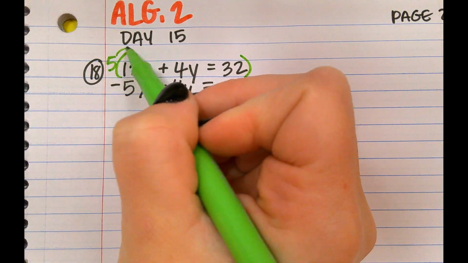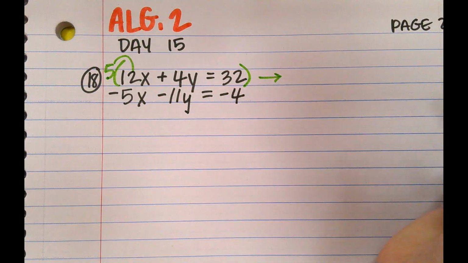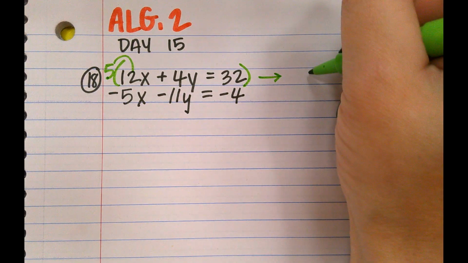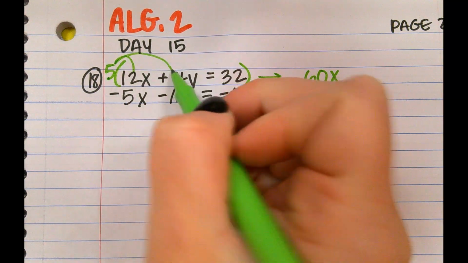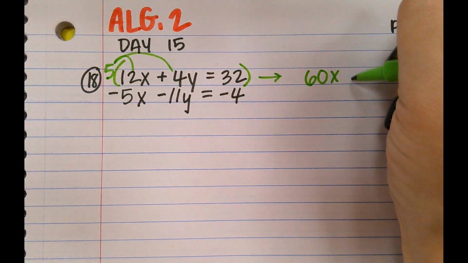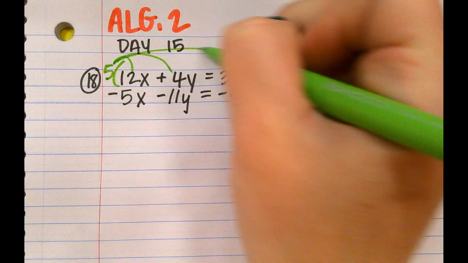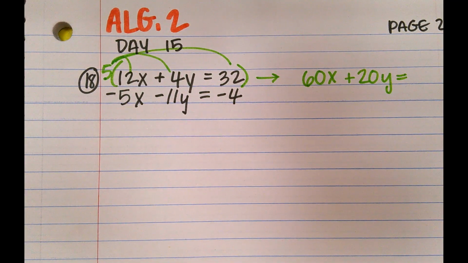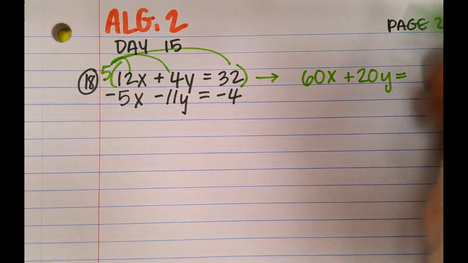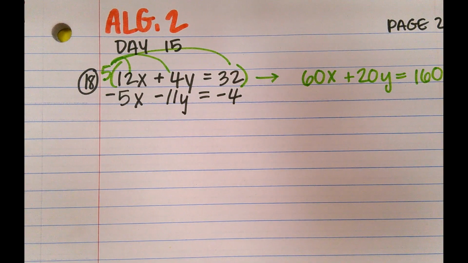So, let's do that. 5 times 12x is 60x. 5 times 4y, 20y. 5 times 32, 160. Good.